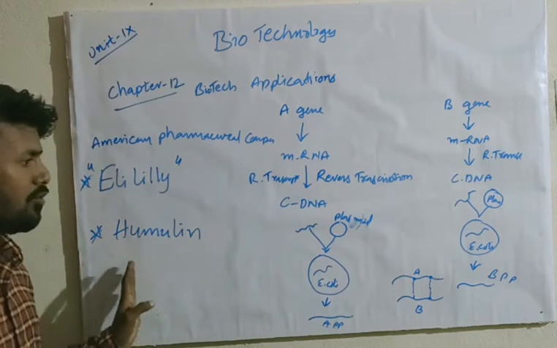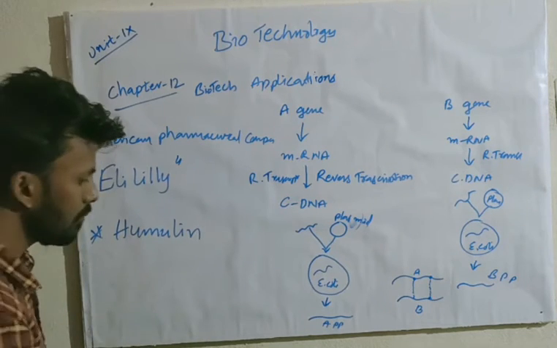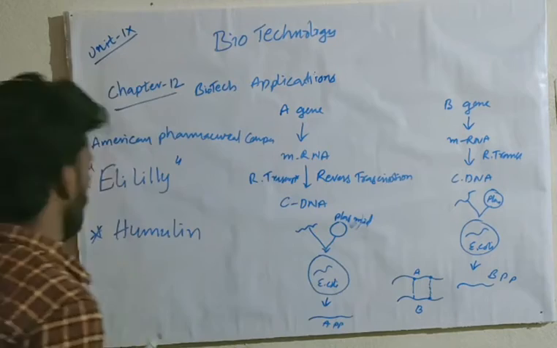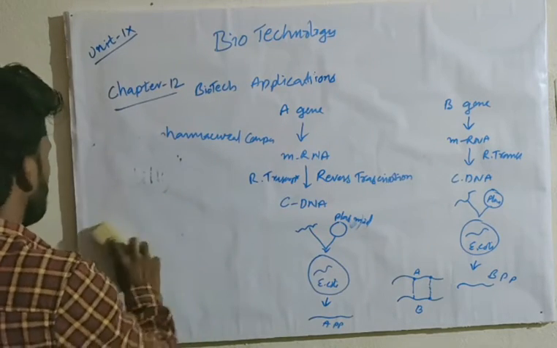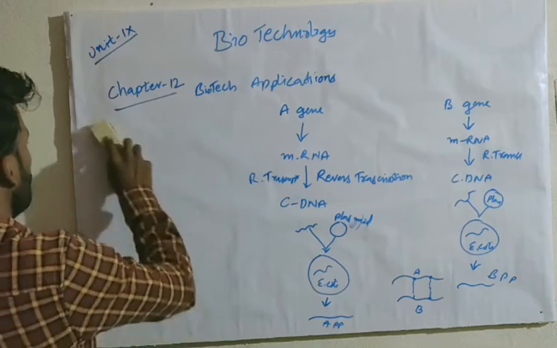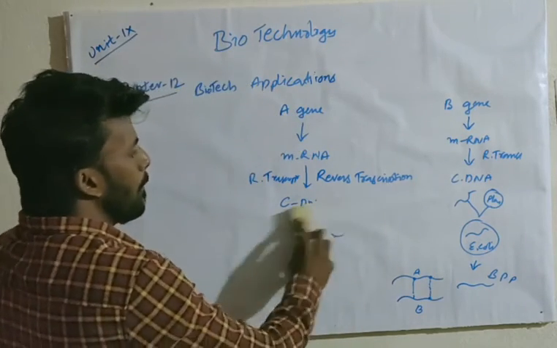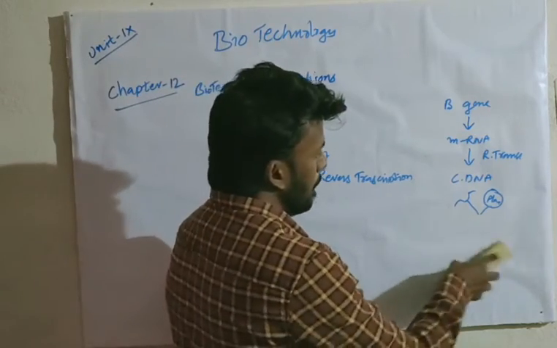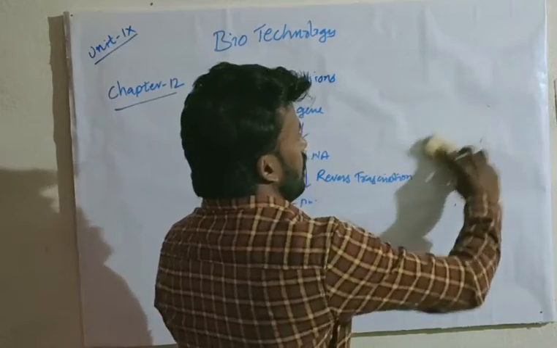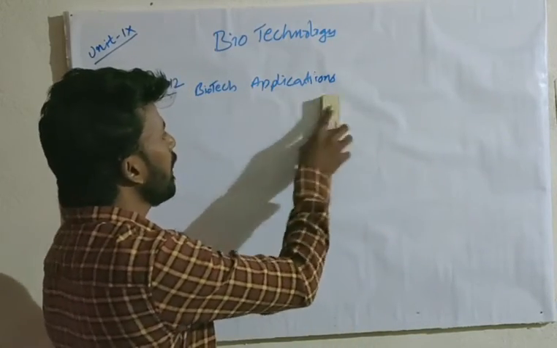And this insulin was called Humulin, right? These are the main important applications of genetic engineering in medicine, especially the formation of genetically engineered insulin.